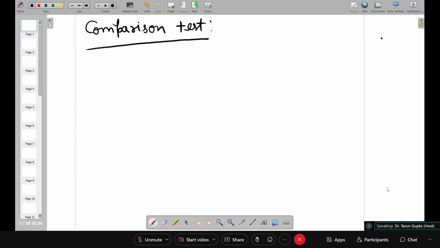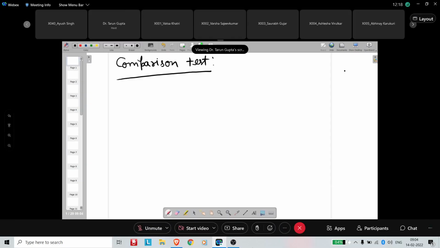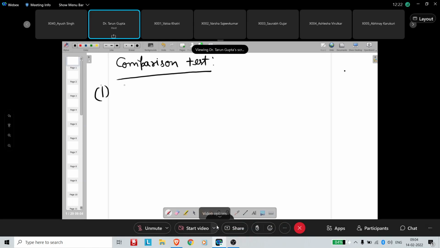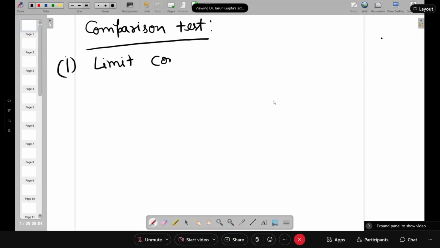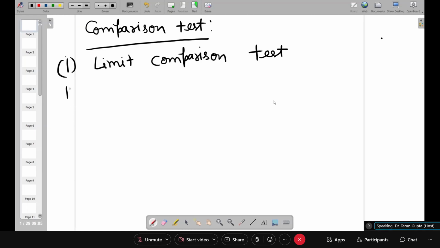So there are two types of comparison test. First is limit comparison test. Second one is direct comparison test.